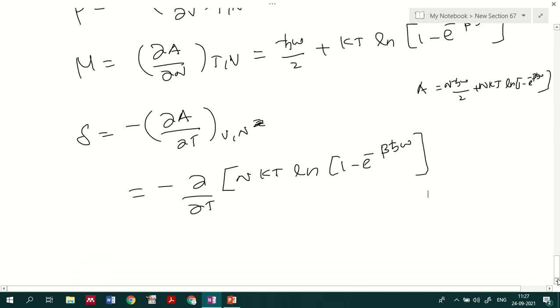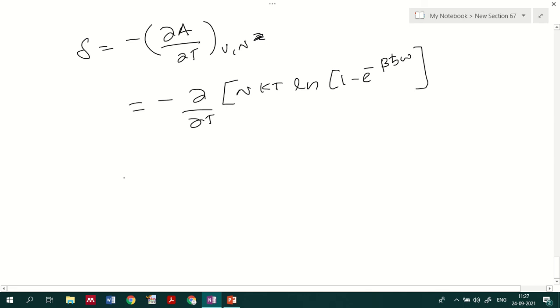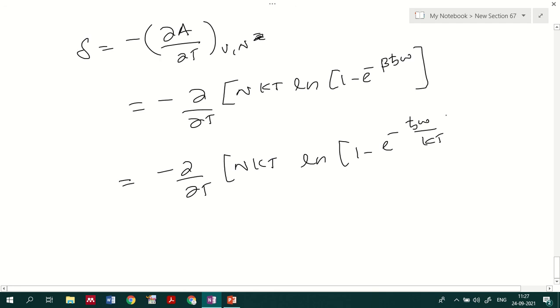Okay, now if you do this, we'll get minus ∂/∂T of NkT ln(1 − e^(−ħω/kT)), because β is 1 by kT, so I can represent it like this.